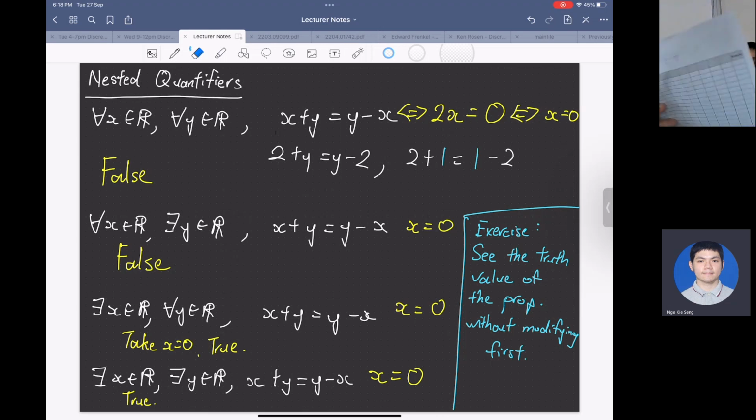Okay, so I pass down this attendance sheet and you can sign and then give back to me. Okay, I think I see a lot of confusing faces. I'm not sure.